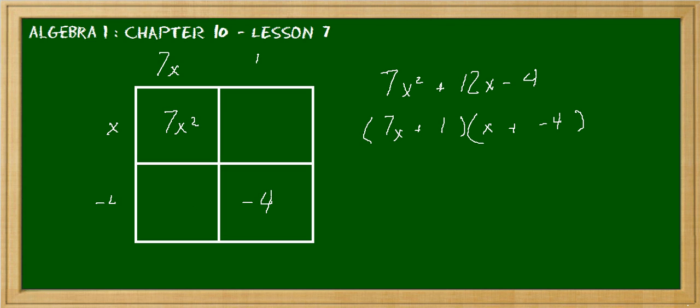So let's pull out these numbers and go to our next set. I can keep the plus in there. And they went with negative 4 and positive 1. So that means the negative 4 would go here, goes with the 7x, and the positive 1.